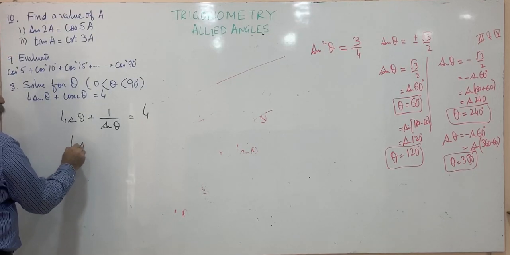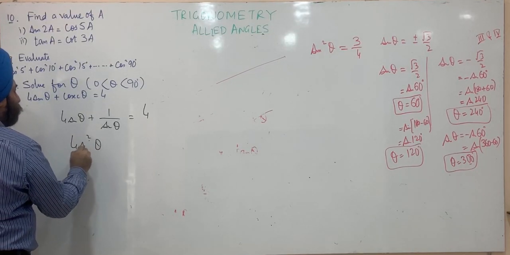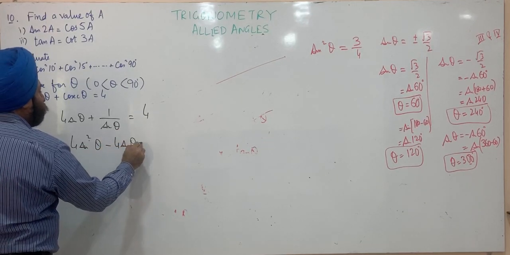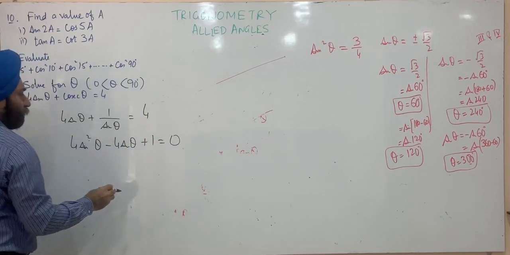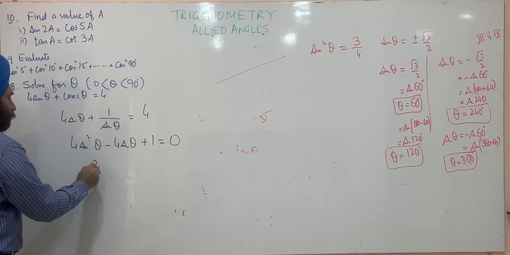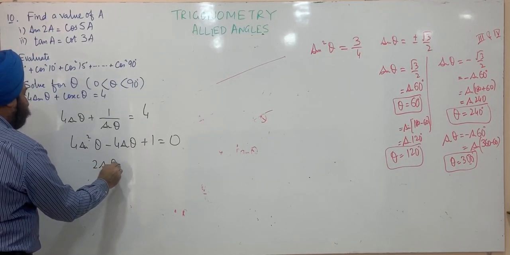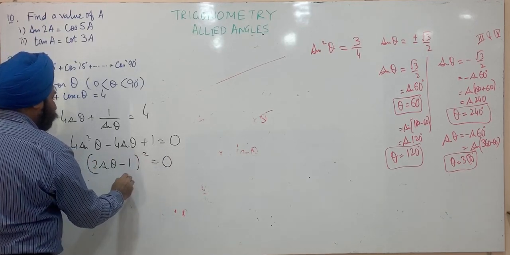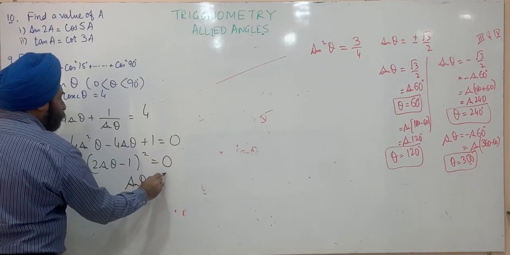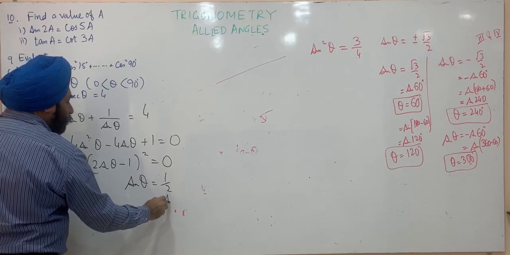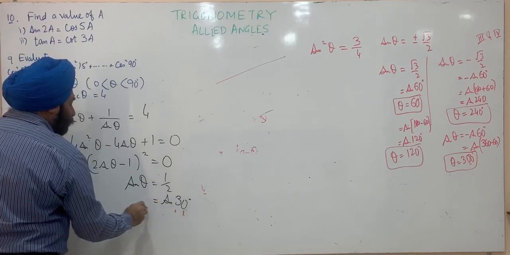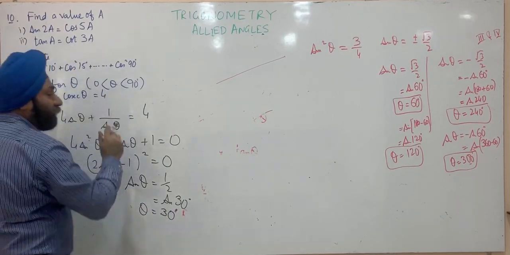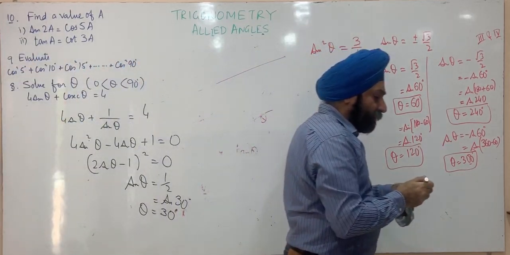Multiplying throughout by sine theta, this is sine square theta minus 4 sine theta plus 1 equals 0. Or this is 2 sine theta minus 1 whole square is equal to 0. Or sine theta is equal to 1 by 2. And 1 by 2 is sine of 30 degrees, or theta is 30 degrees. This is the angle between 0 degrees and 90 degrees.